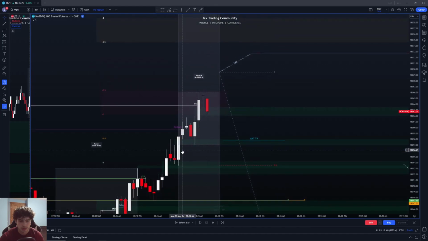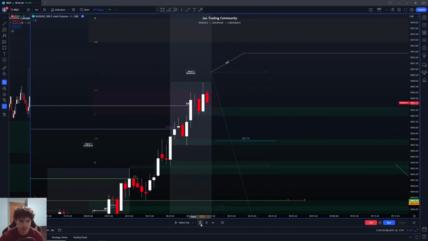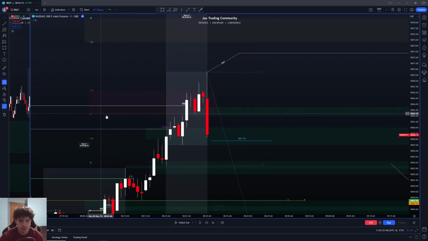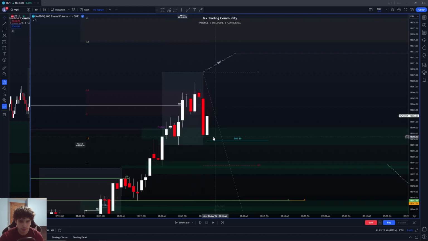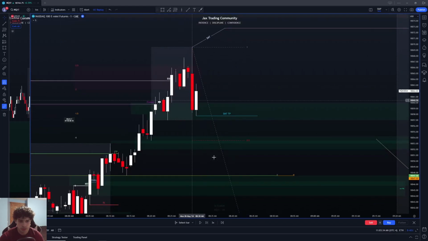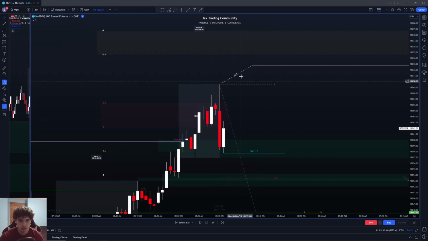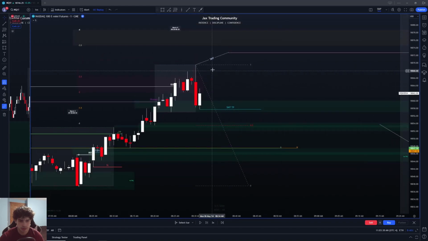So this could just honestly be a continuation macro. As you can see, we are in 2.5. We come back down, and we'll see if we end up going to the 1 to 1.5 area. So now either we'll just keep continuing lower, or we're going to tap discount of this range.